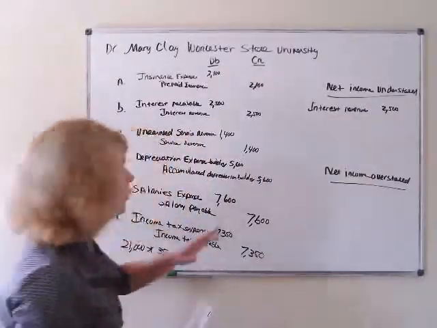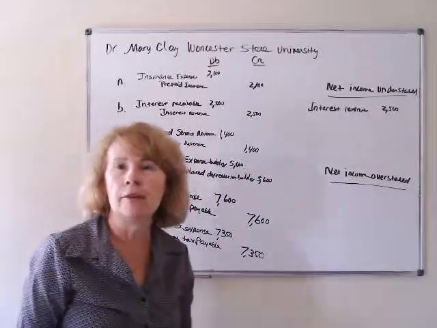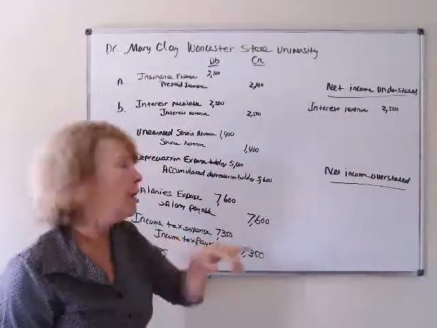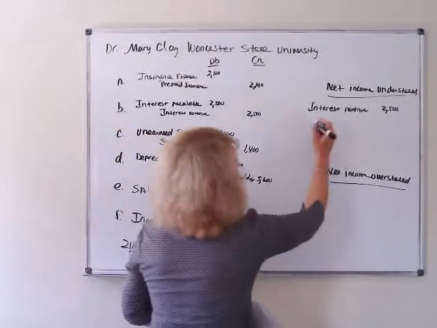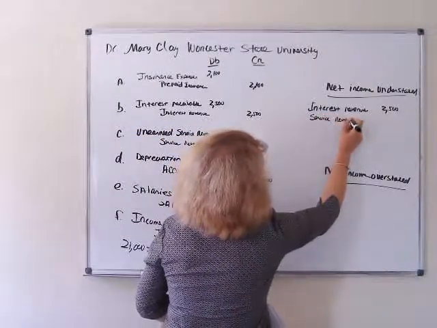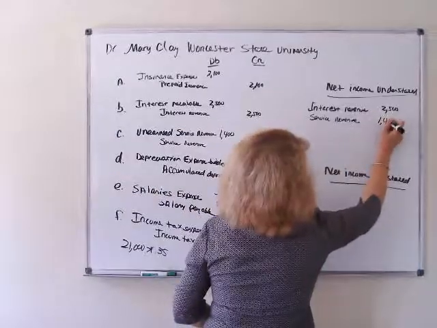Okay, I'm looking only for revenue accounts right now. Oh, unearned service revenue. No, that is not a revenue account. However, service revenue is. So I go over here and I put service revenue, and that is 1,400.